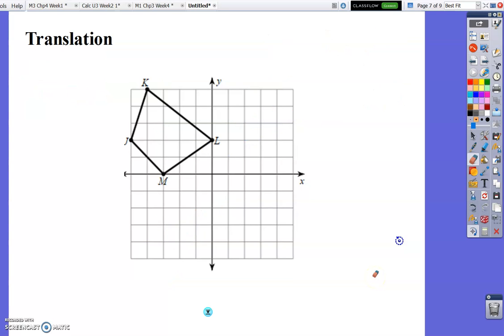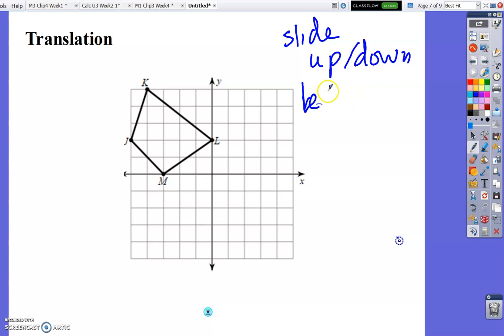Then the last one we want to talk about is a translation. Now, translations are exceedingly simple, but in order to translate, I need to know how it's a slide, and we can move up or down and left or right, or we can do both at once. We can't use left and right at once, but we can move up and right, or down and right, or left and right.